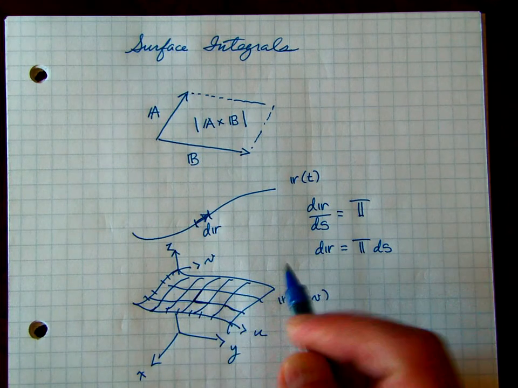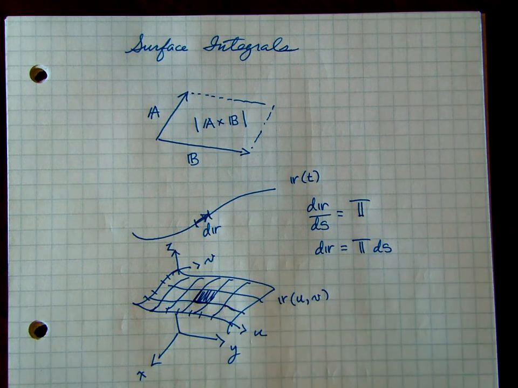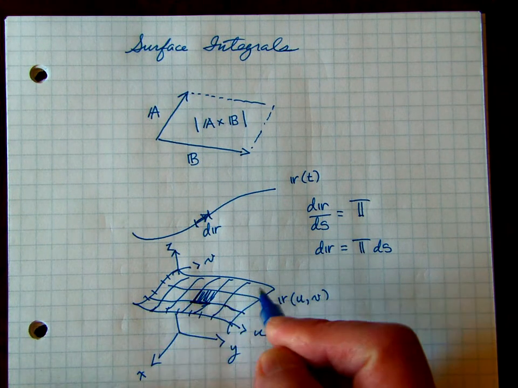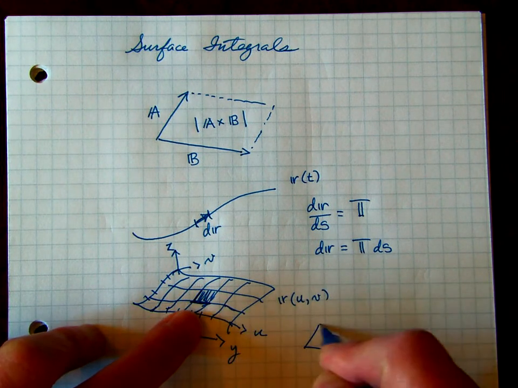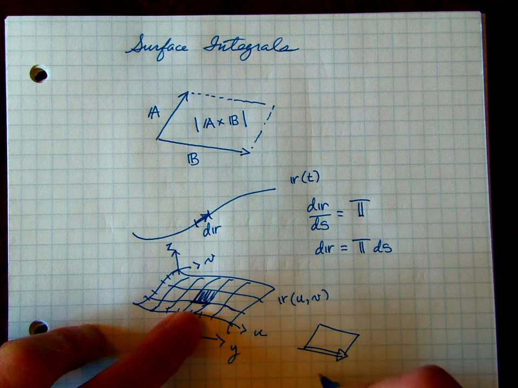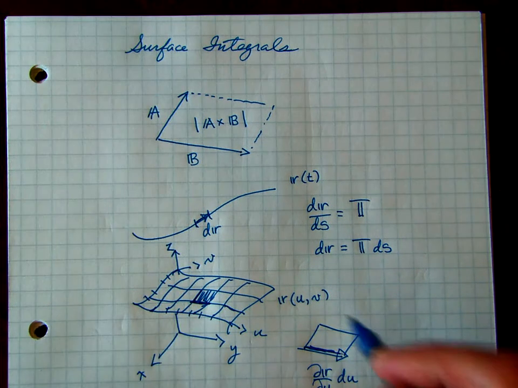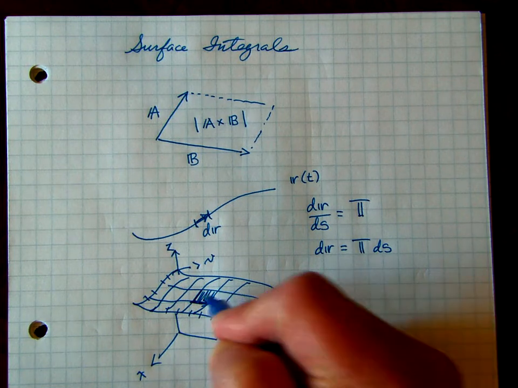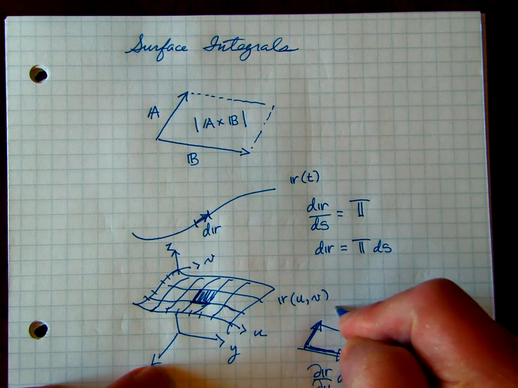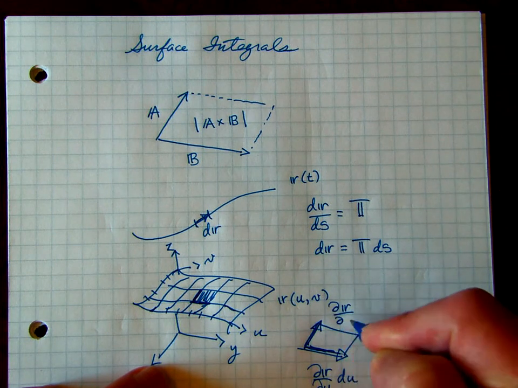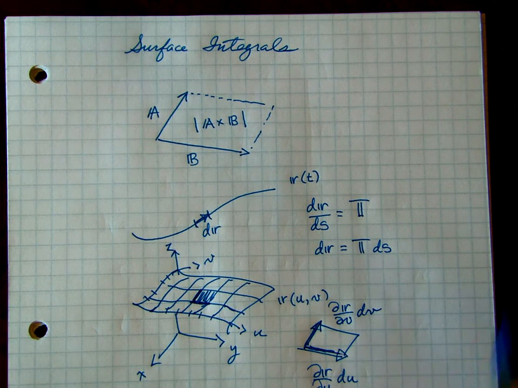And if you look at this guy right here, and you'd like to know what that little bit of area is, well, this side, where u is changing and v is constant, will have partial r, partial u, du, for its little vector on the side, and this other side, where v is changing and u is held constant, will have partial r, partial v, dv.